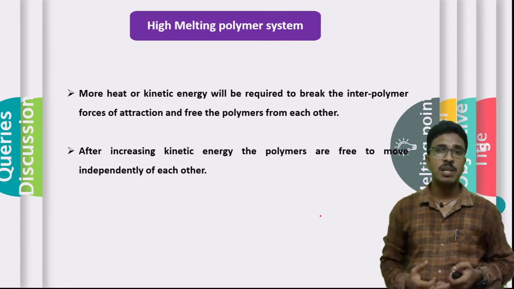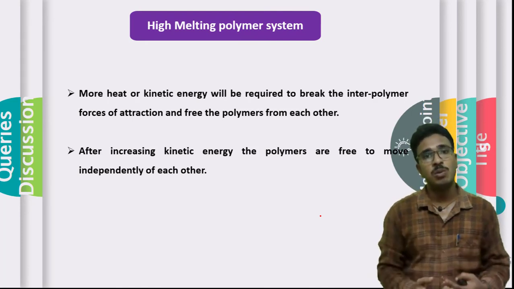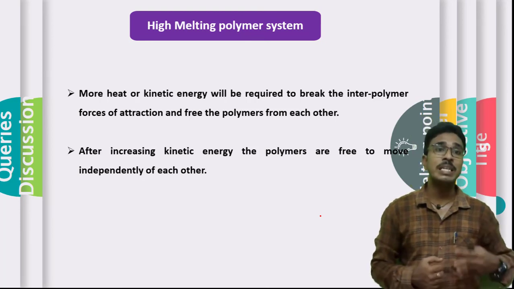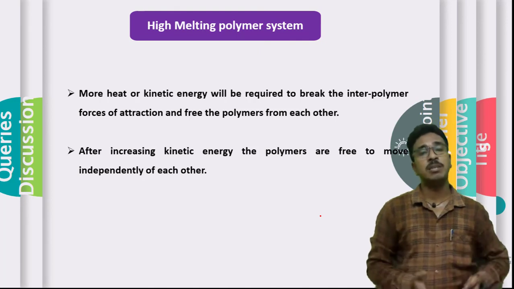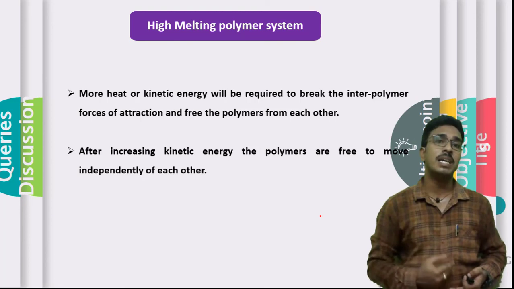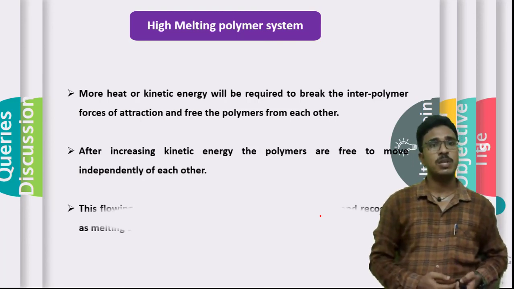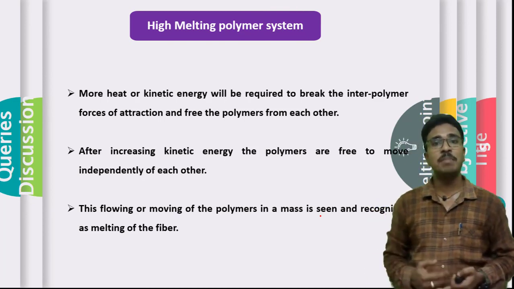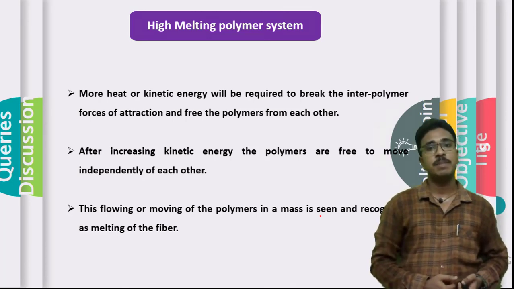Say, for example, if the interpolymer forces are more because of high orientation, it needs a lot of heat or kinetic energy to break them. So obviously the polymer attains a high melting point. This flowing of polymer as a mass is seen and recognized as the melting of fiber.